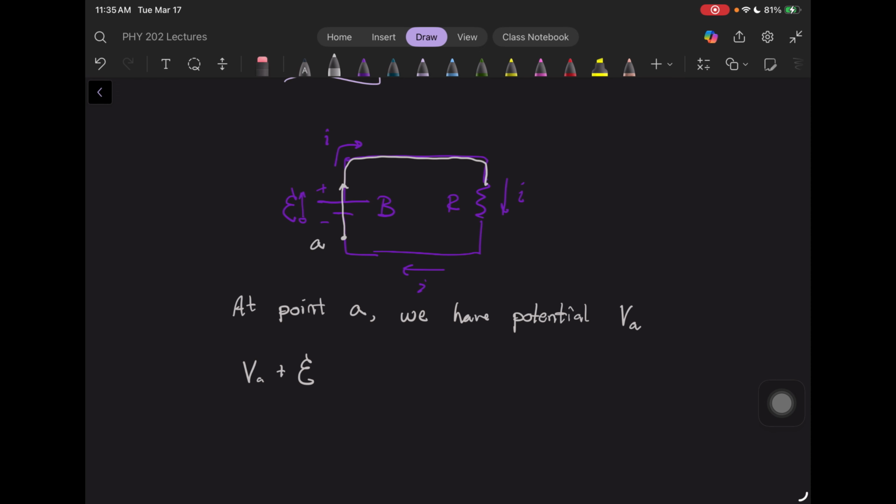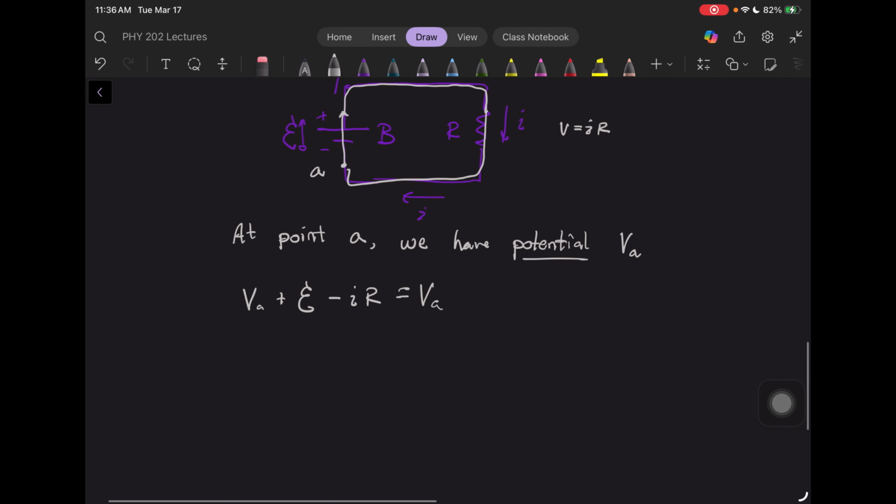We can write the drop in potential as V equals IR, and so we would say minus IR, because that's our drop in potential. And then we keep going around and get back to VA. We're just keeping track of the potential. We're using that as an accounting system.